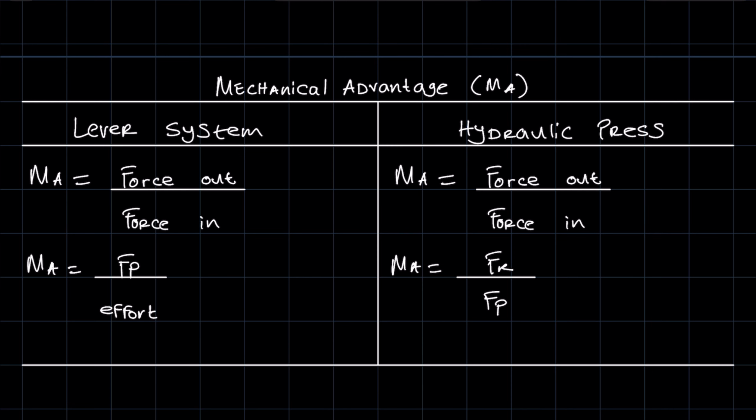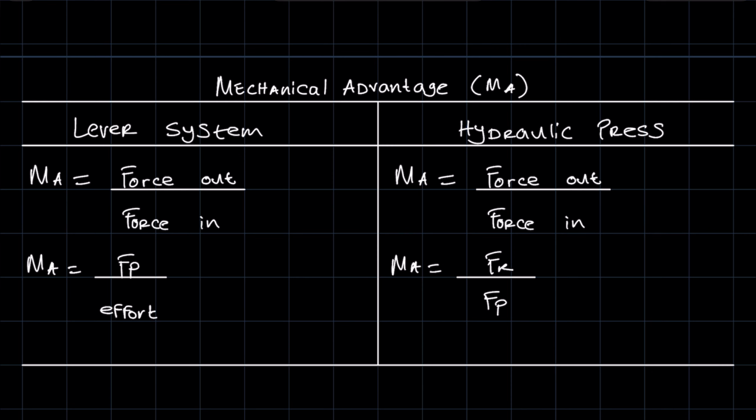Hence, the lever system is able to have its own mechanical advantage, and the hydraulic press is also able to have its own mechanical advantage. The most important thing though is that you know how to calculate the mechanical advantage.